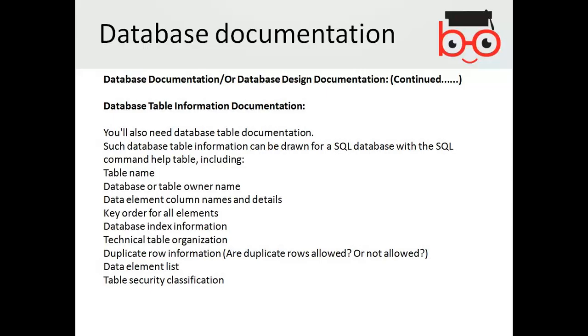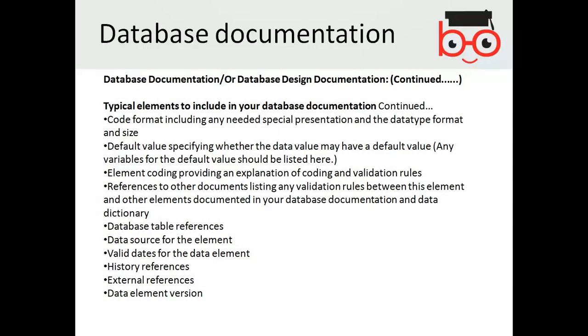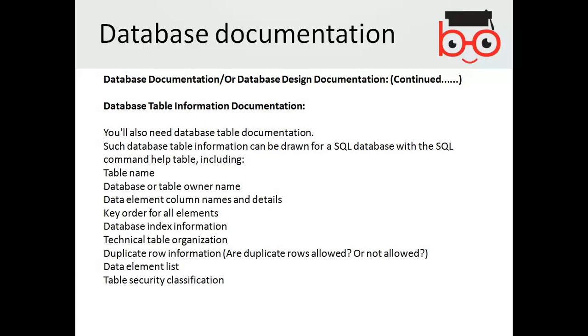So database documentation needs this information, especially regarding the elements and everything in detail. In particular, if you have a database table, it is more specifically explained in its documentation.